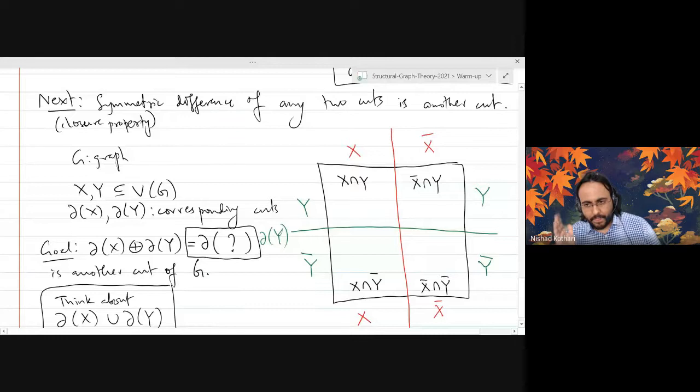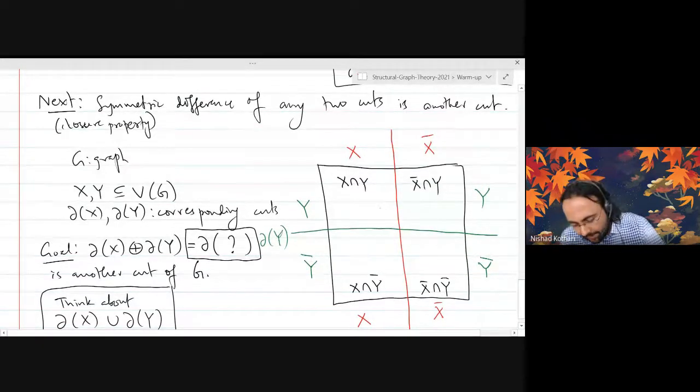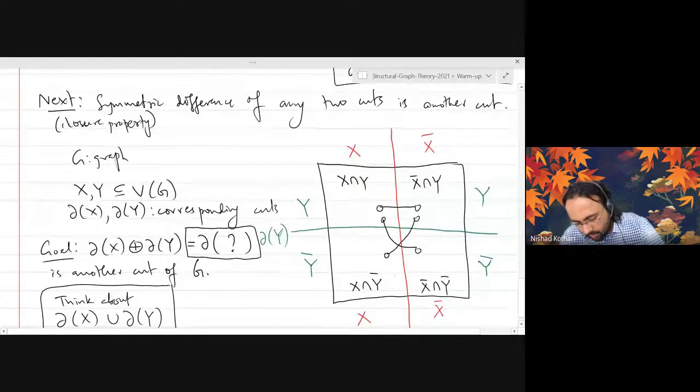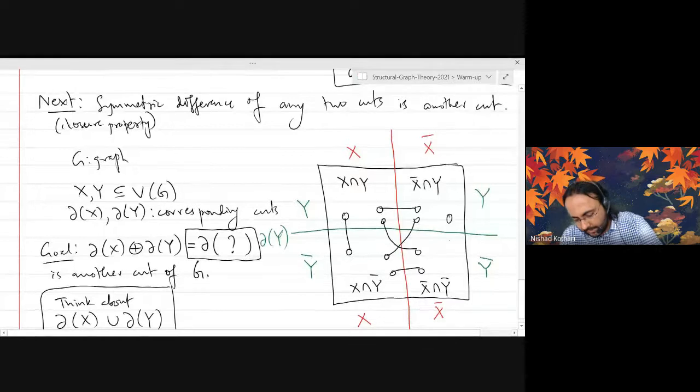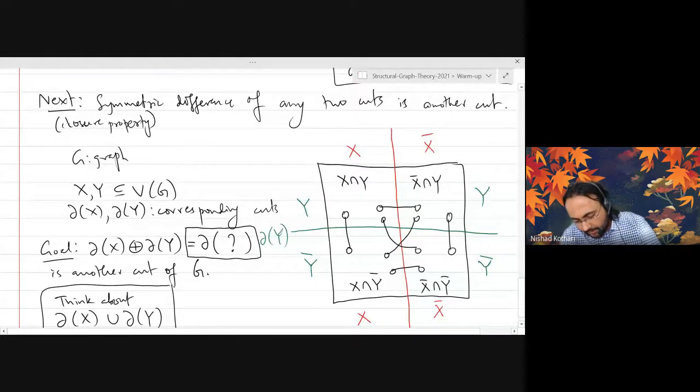To belong to the first cut, the red cut, your edge has to have one end on the left side and the other end on the right side, which means your edge has to look like this, or this, or this, or this. These are the four possible edges in partial X. There are four possible edges in partial Y as well: edges that look like this, edges that look like this, and once again these kinds of edges and these kinds of edges.